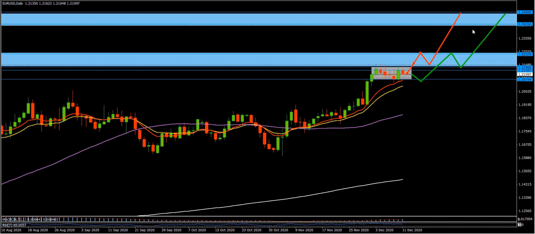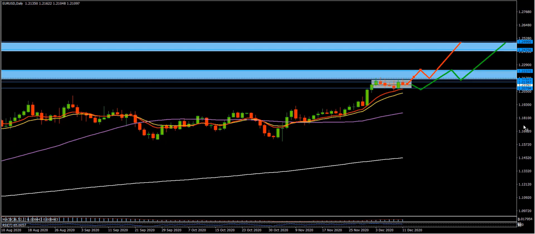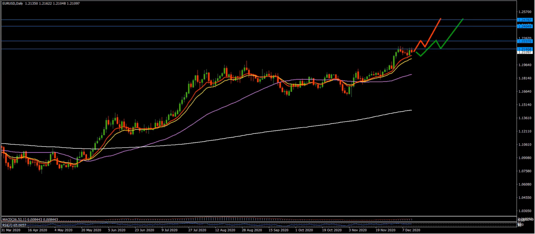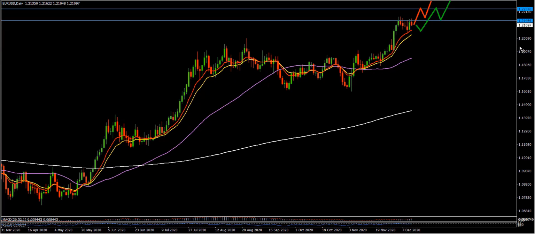I am now removing all my areas so that we can get a clear view. Okay, dear traders, I already removed all my support and resistance zone areas, so you can get a clear picture of this movement.